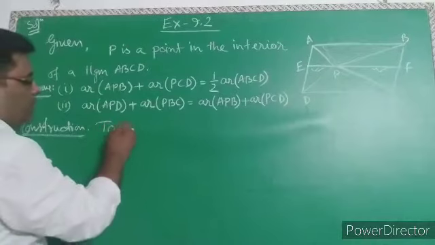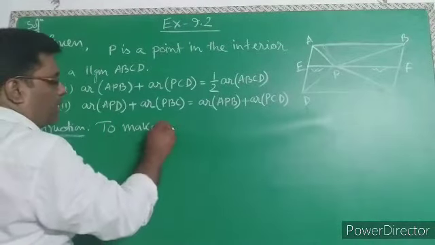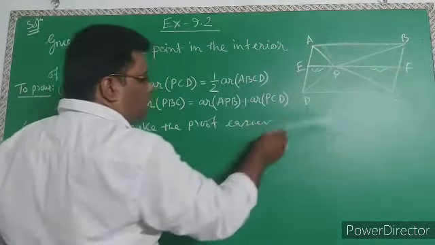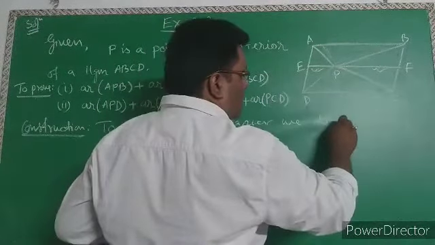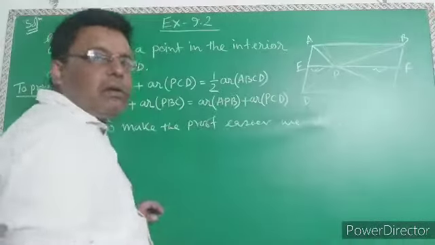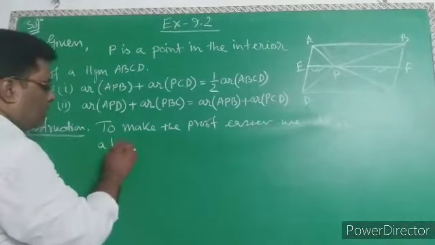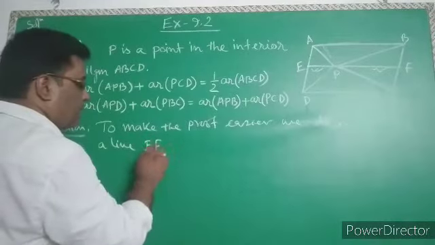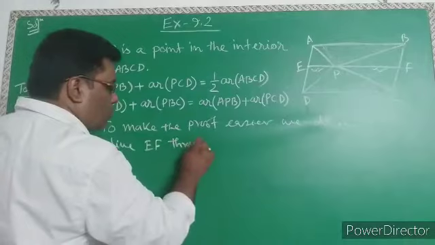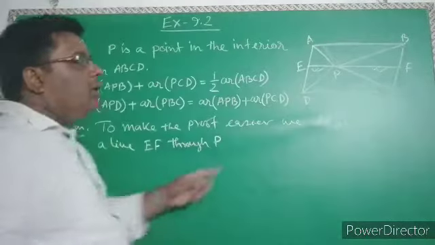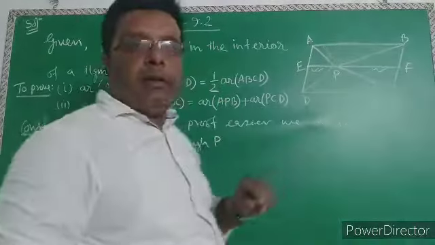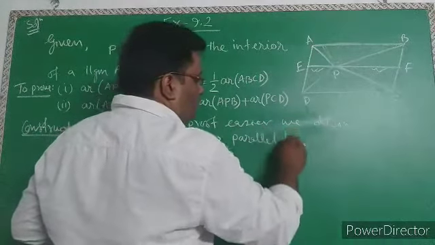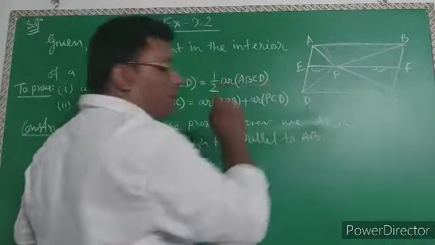Construction part. So to make the proof easier, we draw a line EF through P. Through P we draw this line EF parallel to AB.